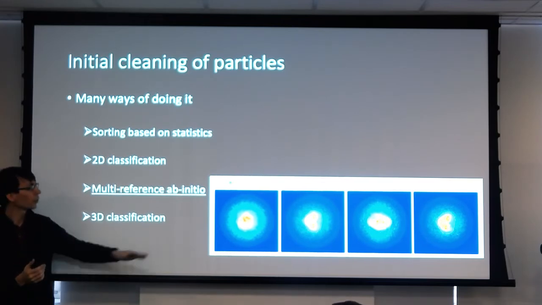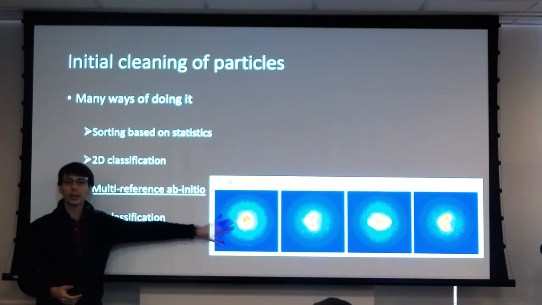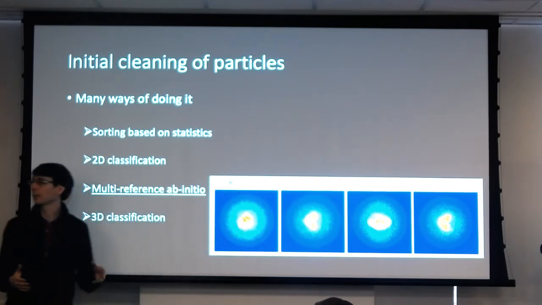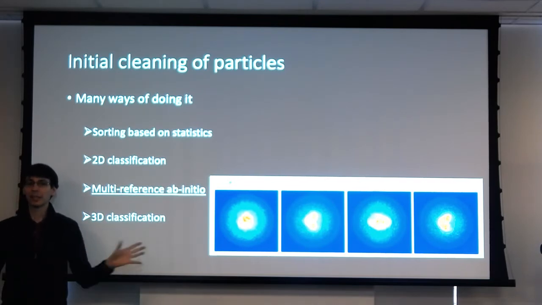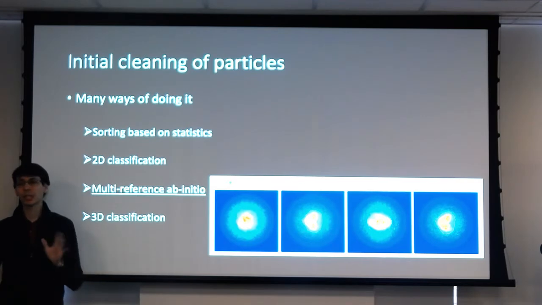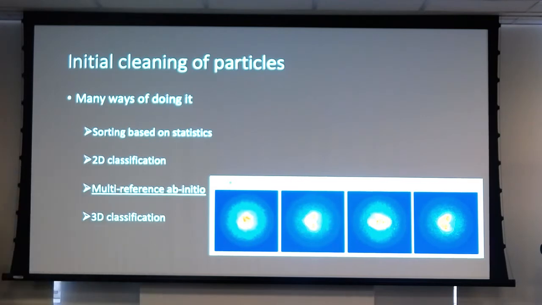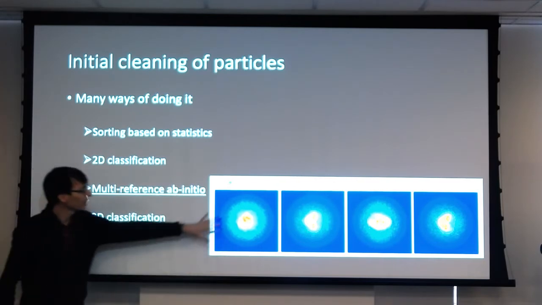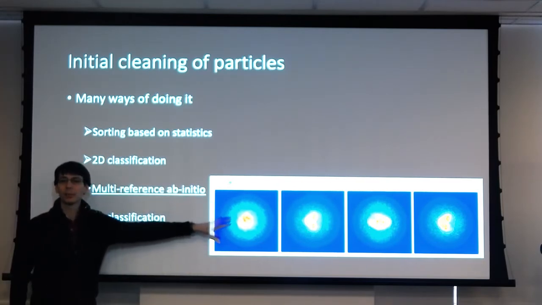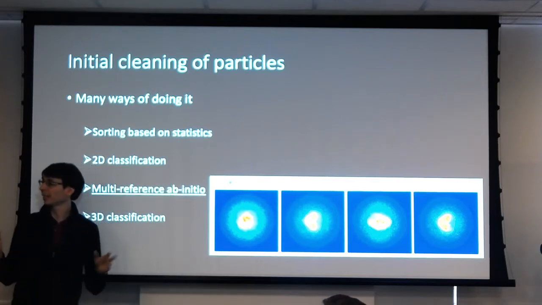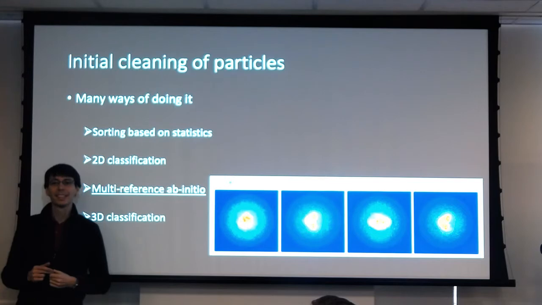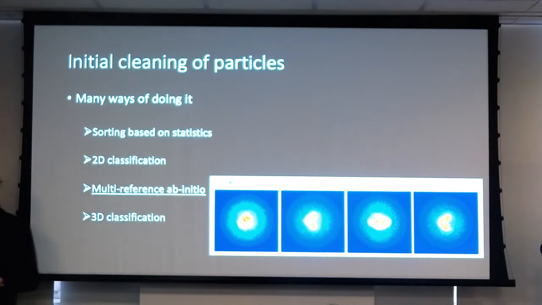And so one of those volumes might be good particles in one direction, whereas the other ones are good particles in other directions. So you're classifying basically based on projection directions. So you always want to be careful with that. So for everything you discard from this, it's not a bad idea to do a 2D classification after that and see if you don't have a shiny class in there for one of those projection directions.